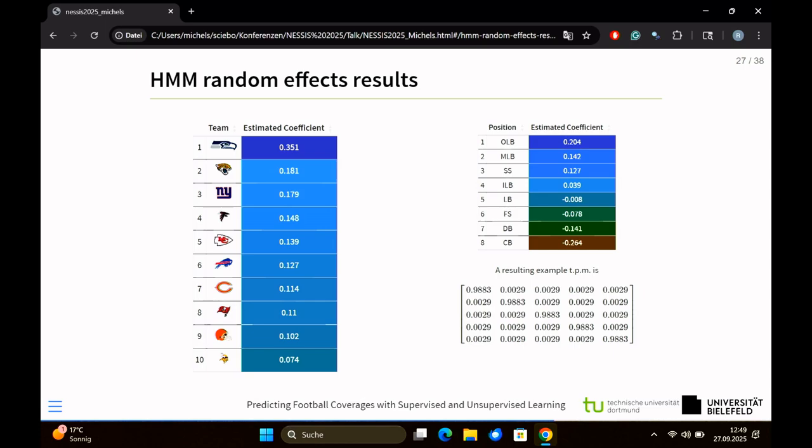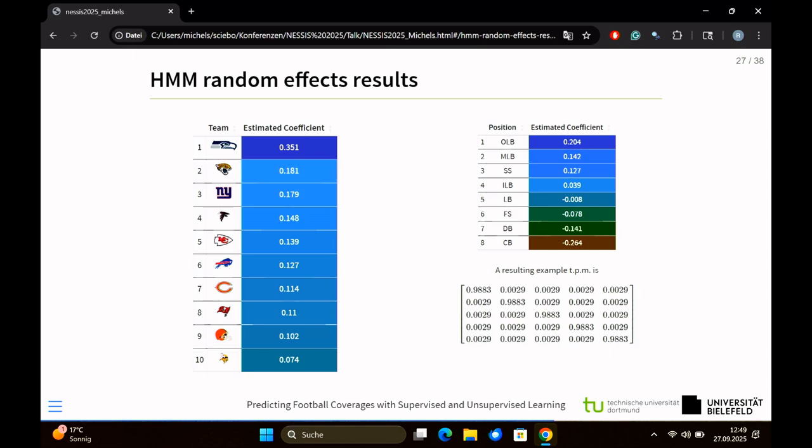And how do they fit into the transition probabilities? Well, for that, here is a resulting example of a transition probability matrix, which tells us, for a specific combination of those two, I think I took Seattle and some position, we have quite a high probability to stick with my offensive player, and we have ordered them from the lowest to the highest initial y coordinate.